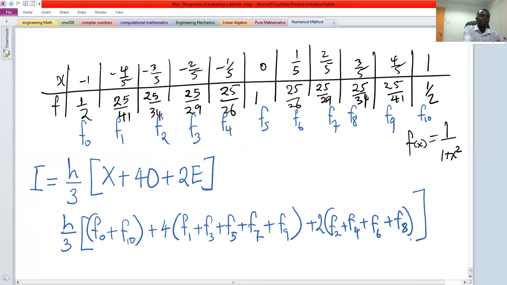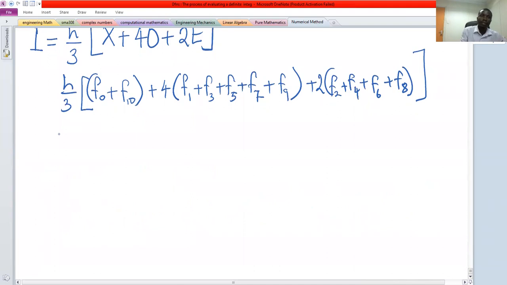Now, in putting in the values, h is 1/5. When you divide by 3, you get 1/15.